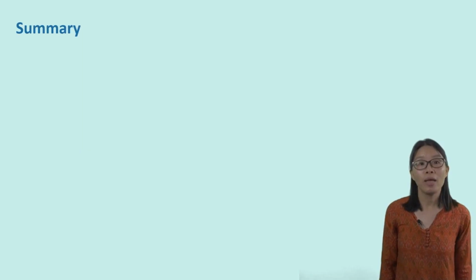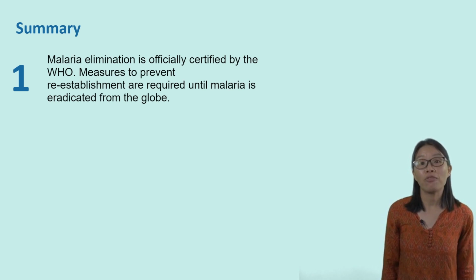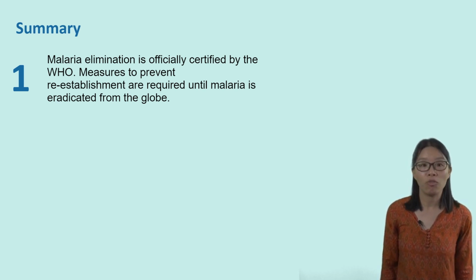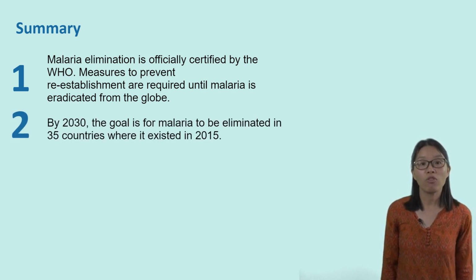In summary, malaria elimination is officially certified by WHO. Measures to prevent re-establishment are required until malaria is eradicated from the globe. By 2030, the goal is for malaria to be eliminated in 35 countries where it existed in 2015.